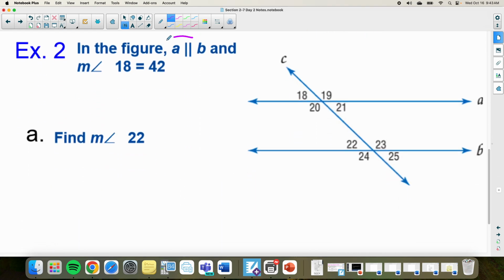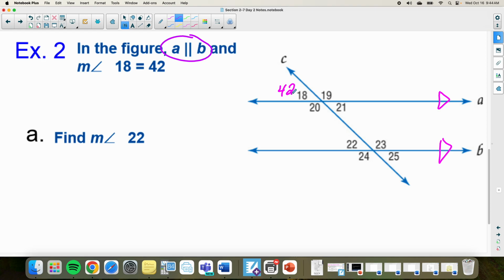Okay, so let's go down to this one. Now, do you guys know what that means right there? Parallel? Parallel, yes. So that means these are parallel. And again, the only way we can use everything that I say today is if these are parallel, okay? Now they say angle 18 is 42, and the first thing they want us to find is angle 22.